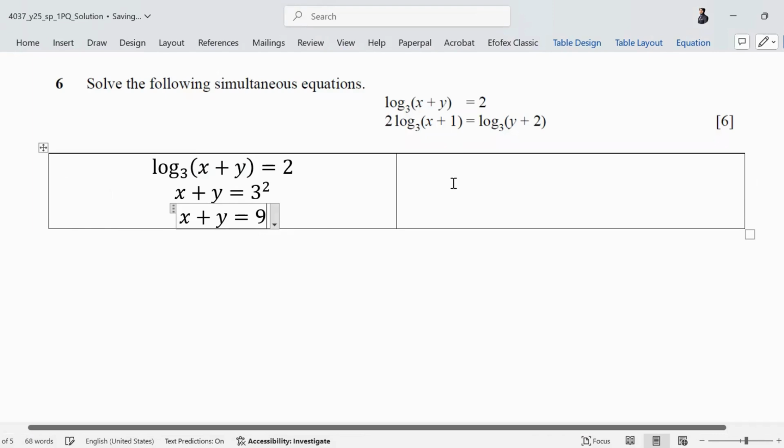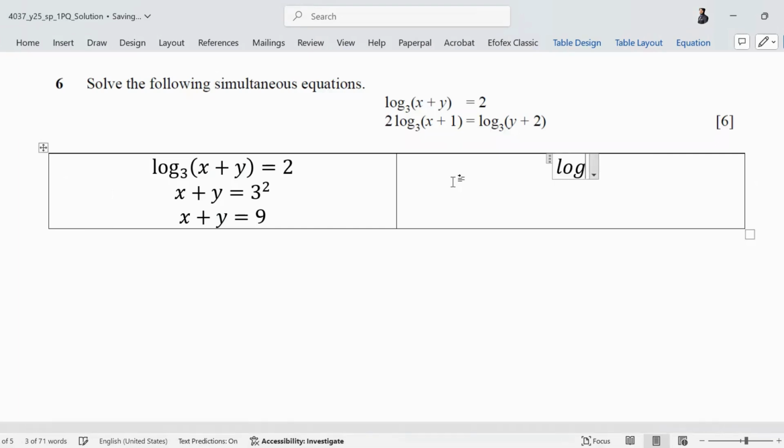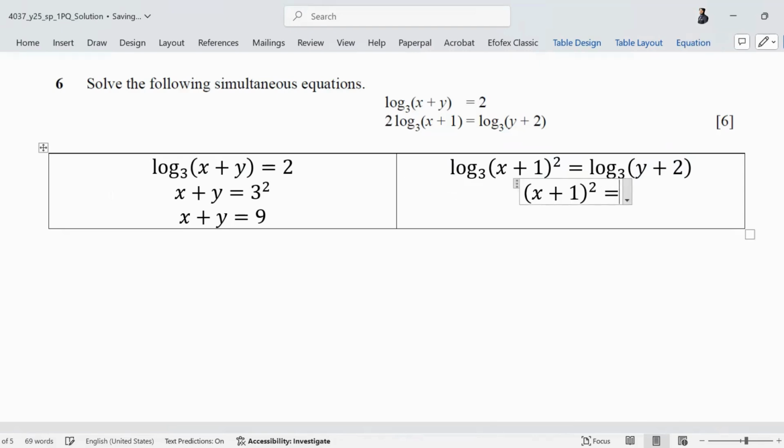I can simplify it further as per my requirement, and the other one is log base 3 of (x plus 1) whole squared is log base 3 of (y plus 2). So basically, (x plus 1) whole squared is y plus 2.